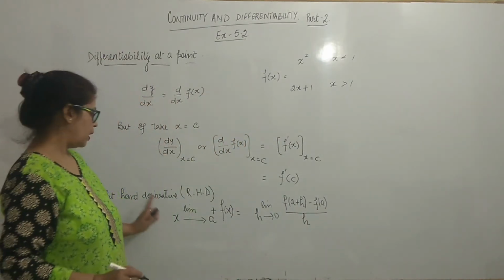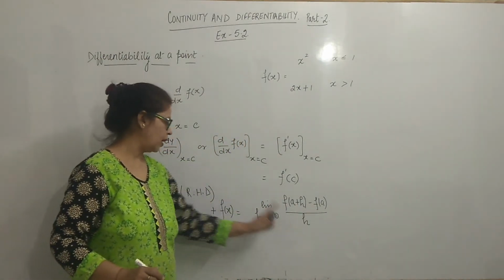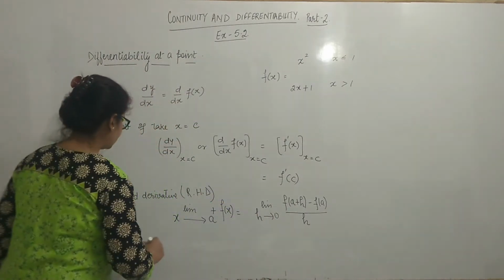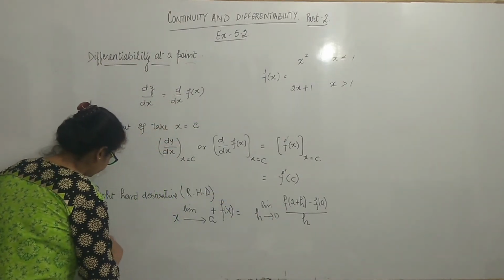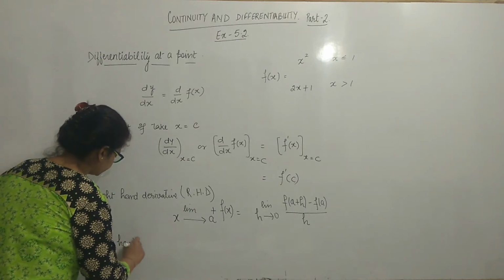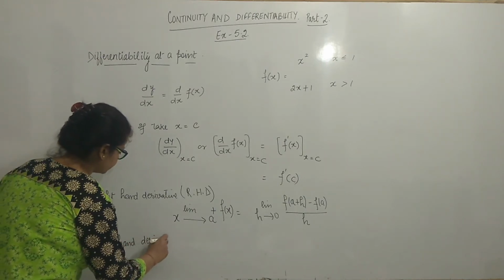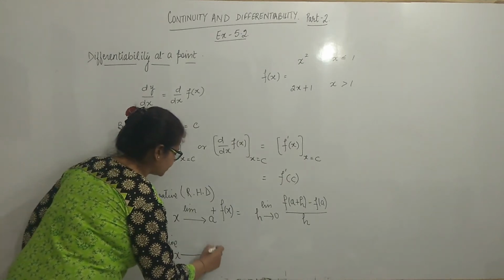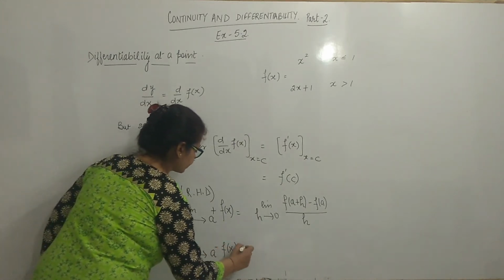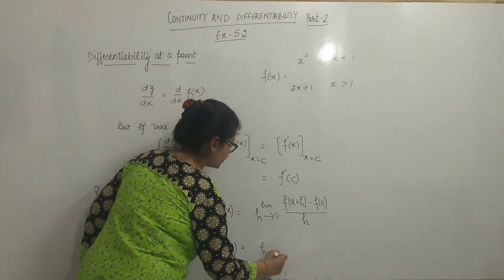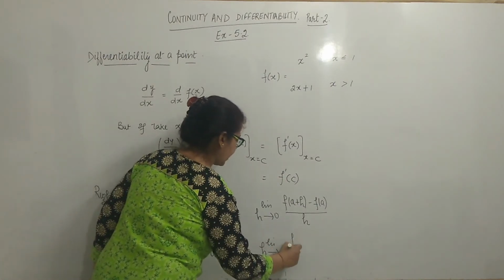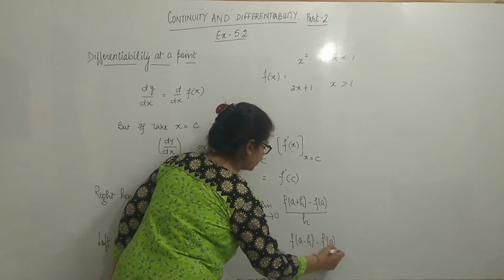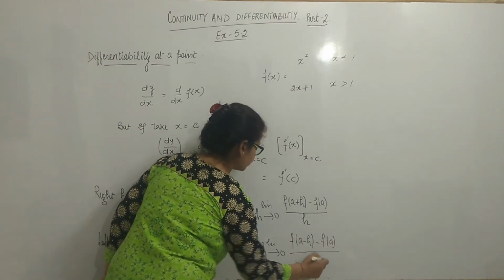All you need to do is remember this formula, that this is how we find the right hand derivative and the left hand derivative. X approaching to a minus f(x), that is h approaches to 0 f of a minus h minus f a divided by minus h.